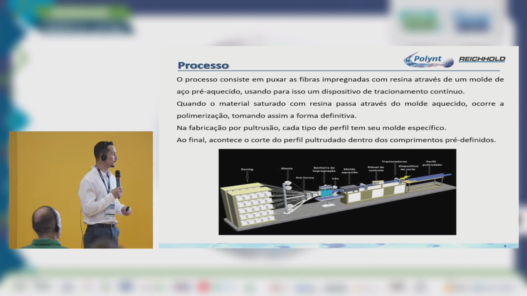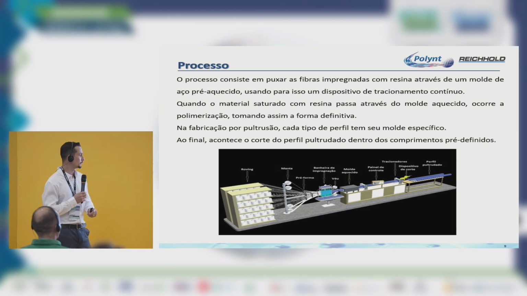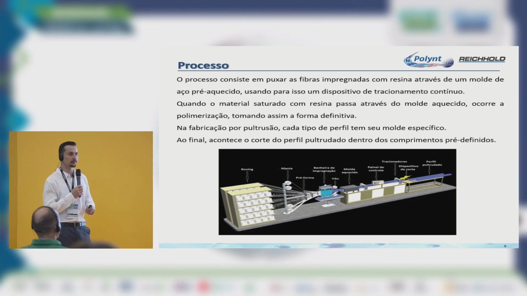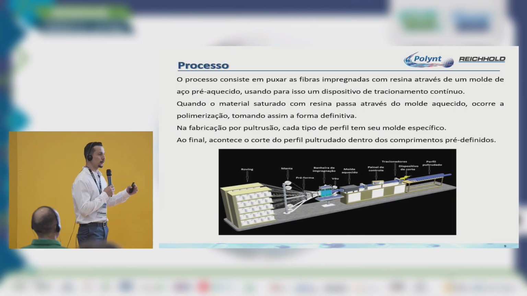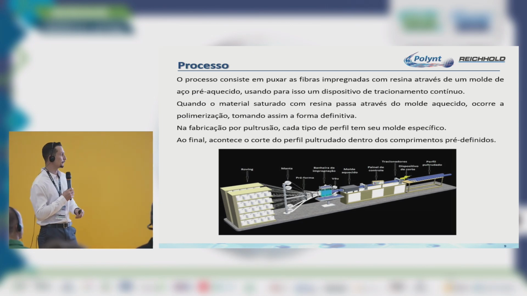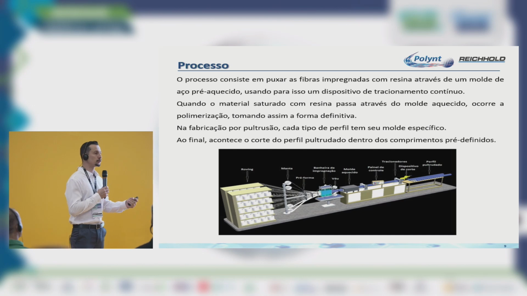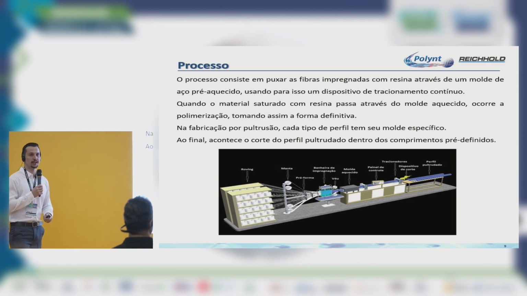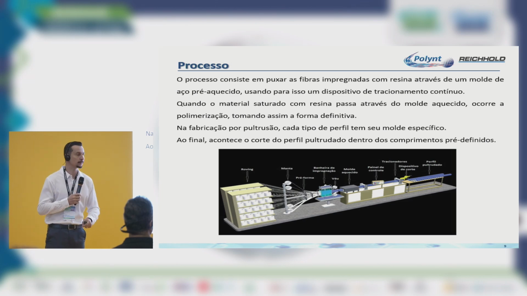We have the impregnation bath, where we have the resin, the surface mat. We have the mold heated at high temperatures that will give the profile, the temperature control, the pullers who are going to pull this profile. Our cutting device, according to the design, has its predefined size, and at the end the pultruded profile.